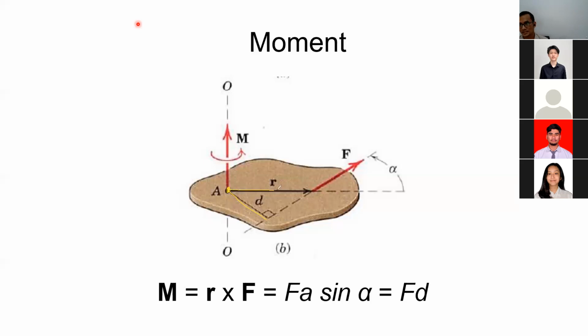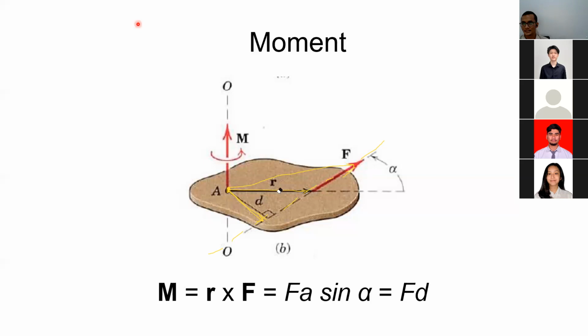So your distance vector can be this r, or this one, or this one, as long as it connects the center of rotation and the line of the vector. Because it's a cross product, you can choose whatever you like as r, as long as it connects the center of rotation and the line of action of the vector.